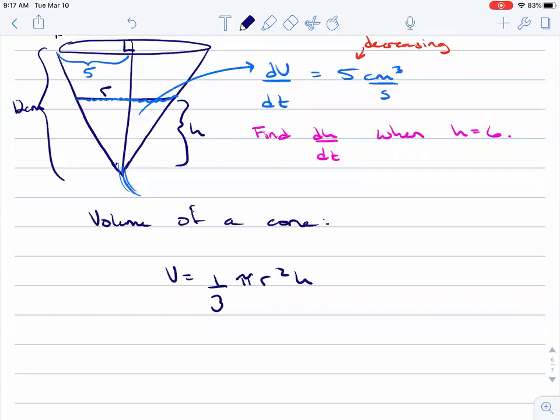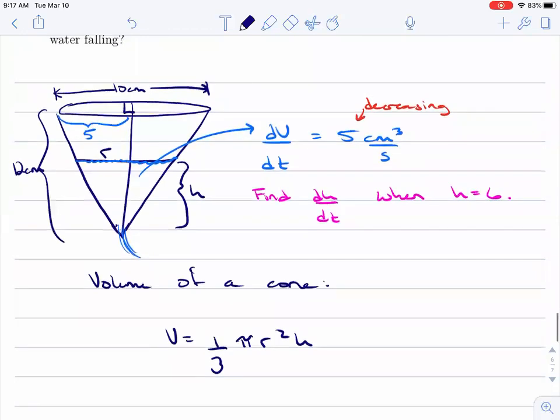We've got the volume, we've got r, and we've got h. We really only want these in terms of just two variables. We know dV/dt is -5, and we know dh/dt is the one we want to find.